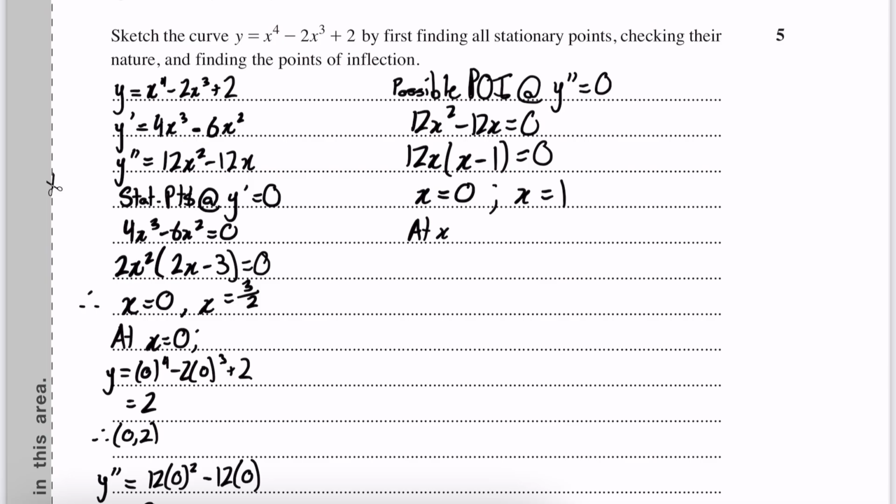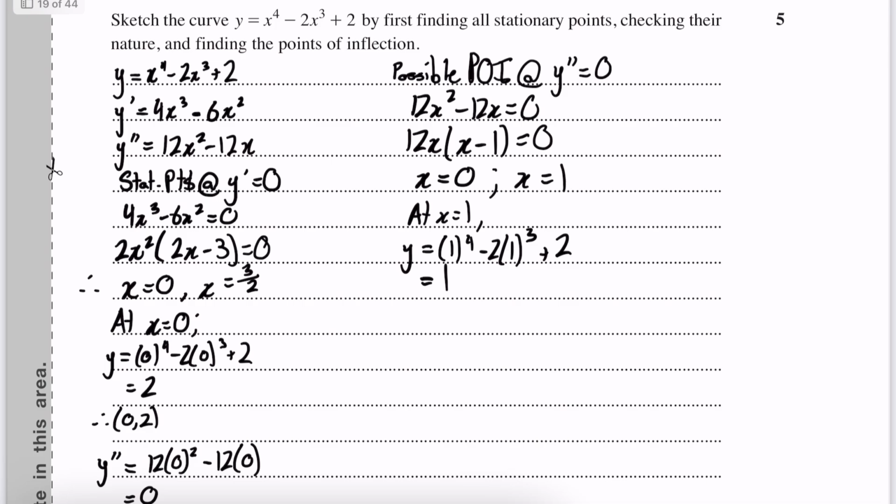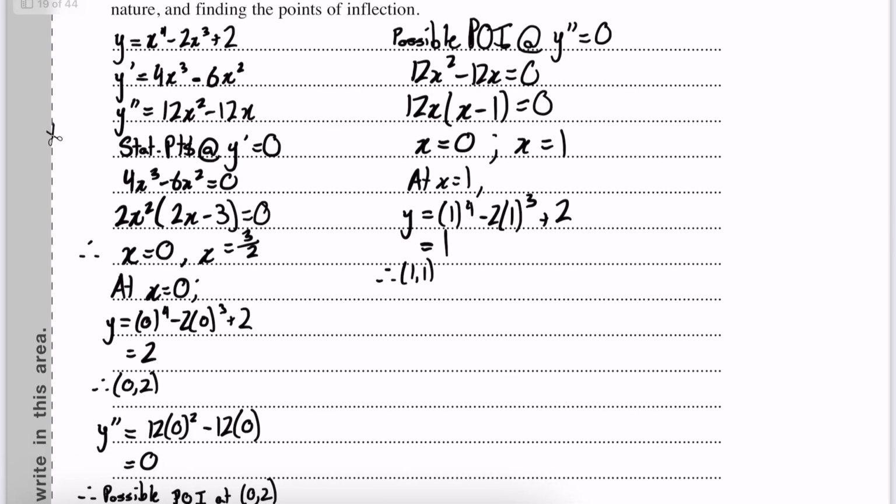So at x equals 1, we know that y is equal to 1 to the 4 minus 2 times 1 cubed plus 2, which is equal to 1. So therefore we have a point 1, 1, but we just now need to test that it's a point of inflection. And so if I just do a test for a concavity change, we have x equals 1, and we know that y double dash is equal to 0.